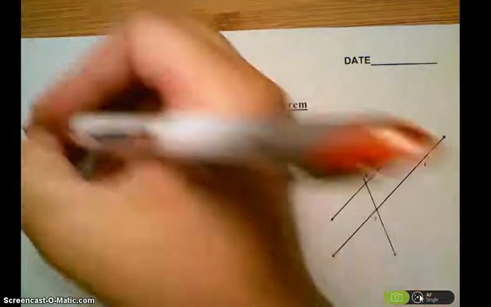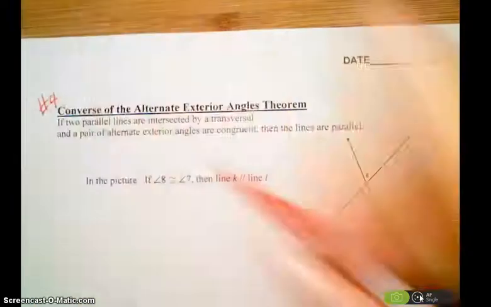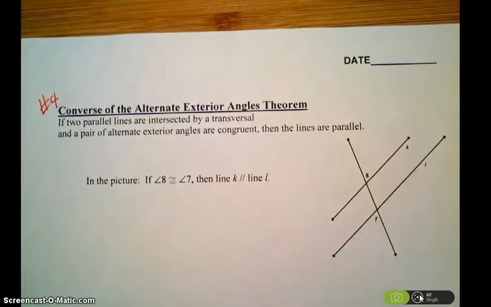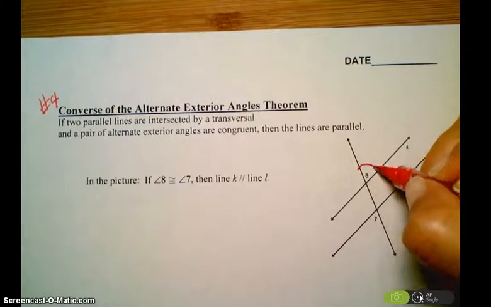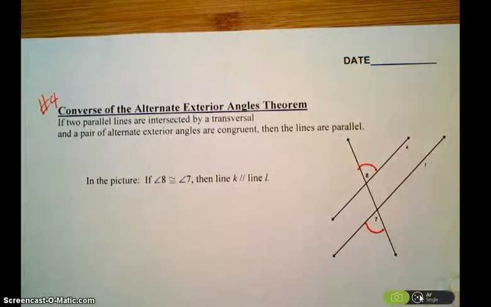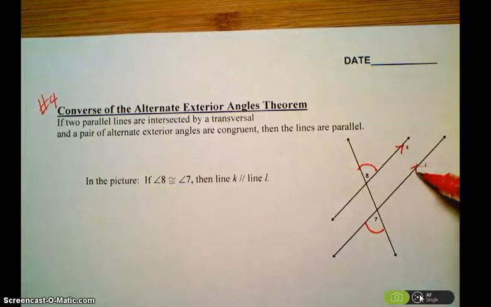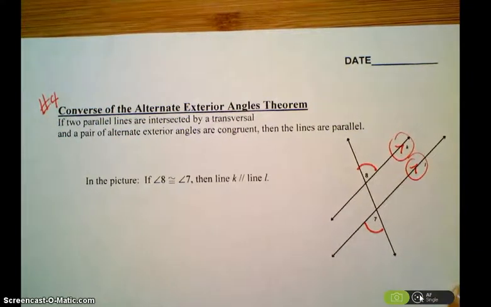Okay, this is the 4th method to prove lines parallel. Again, this one I'm not that fond of, but it can be used. It's the converse of the alternate exterior angles theorem. It says that if you have a pair of alternate exterior angles that are congruent to each other, you can be guaranteed that the 2 lines will end up parallel to each other.